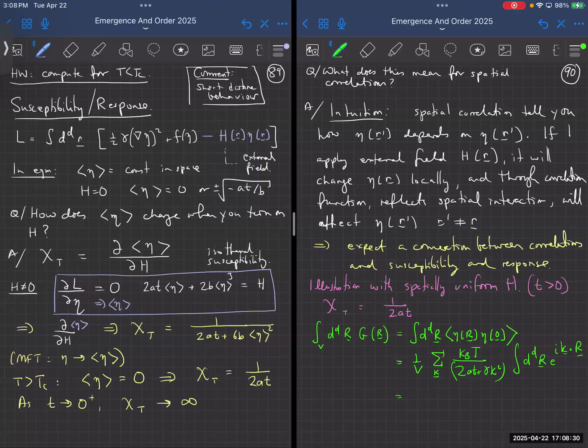And this then is 1 over V sum over k, k_B T over 2AT plus gamma k squared. And then this thing on the left is just V times delta_{k,0}. So the V's cancel out.